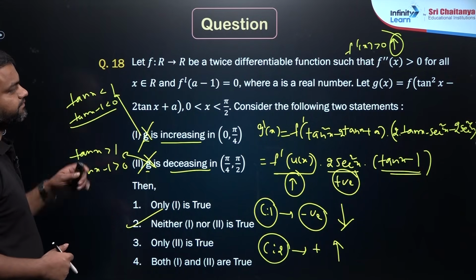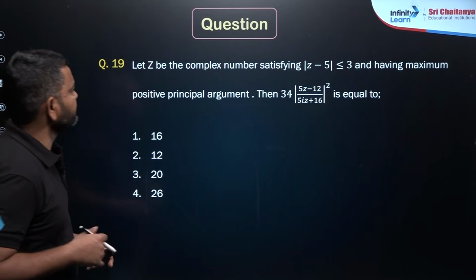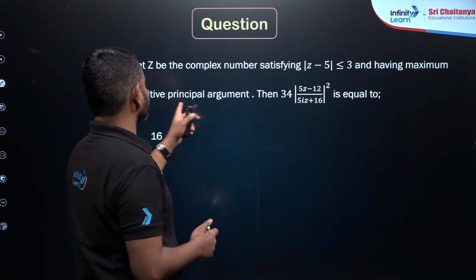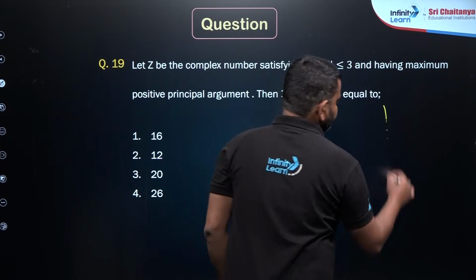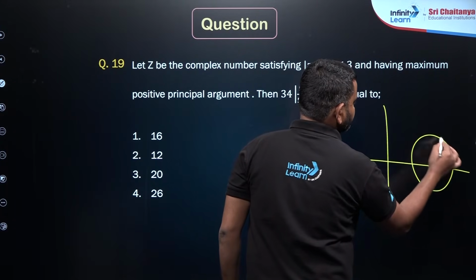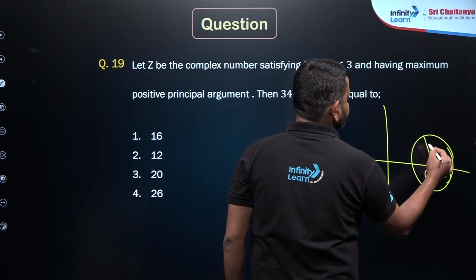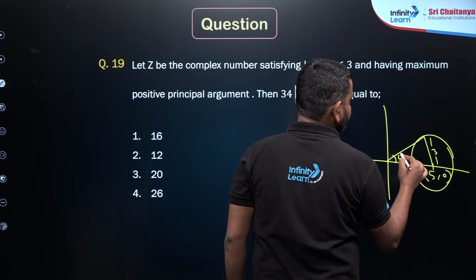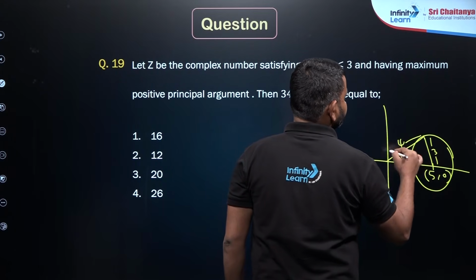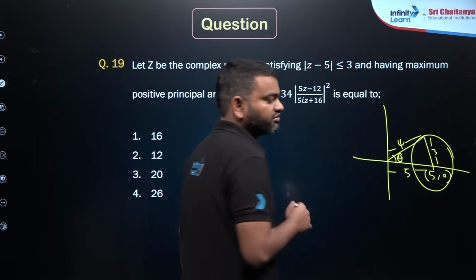Alright, next. We have a complex number here having maximum positive principal argument, then 34 times of this. So let us say you have a complex number where the center is (5, 0) and the radius of it is 3. So the argument, if this is the theta here, if this is 3 and this is 5, this is going to be 4.